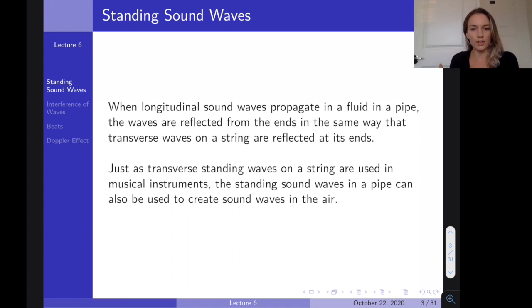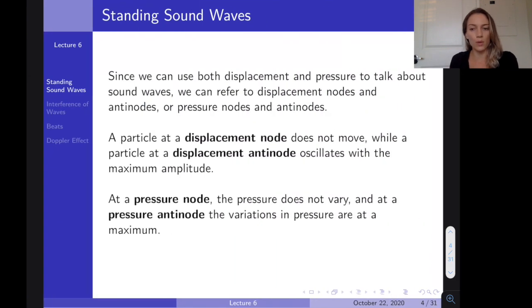So just like with our transverse waves, we're going to have nodes and antinodes. And we also know that for sound waves, we have both displacement and pressure that we're dealing with, right? Because the wave is a pressure disturbance, and the particles in the wave are displaced along the direction of travel. So we have a displacement node in a longitudinal sound wave, and it's exactly what we know from transverse waves.